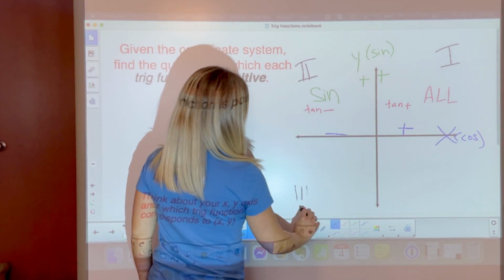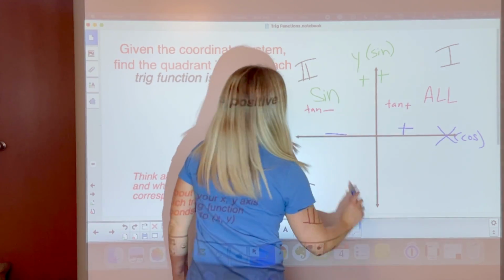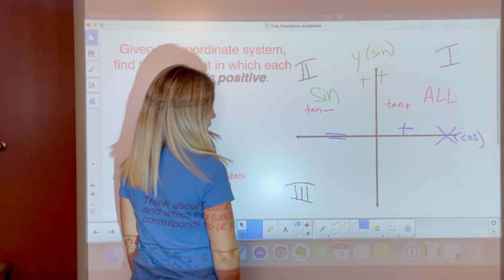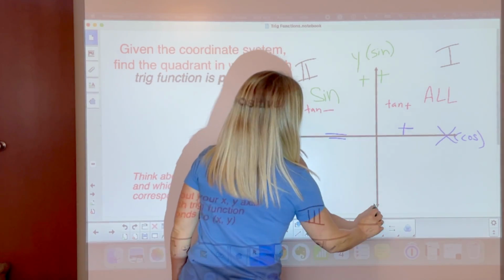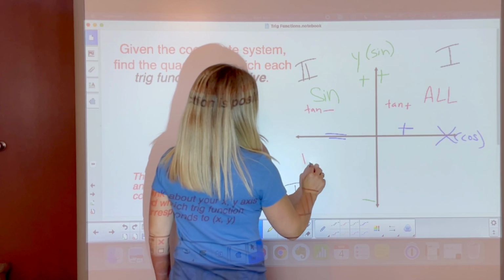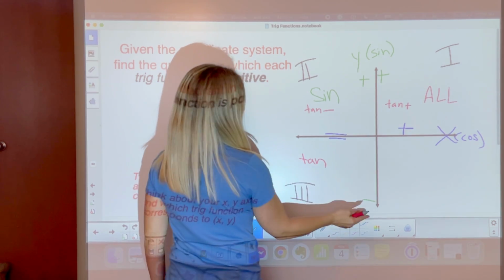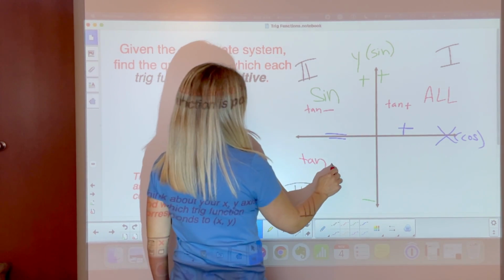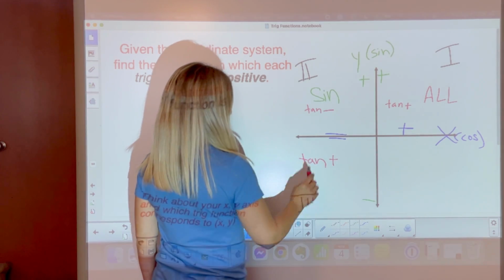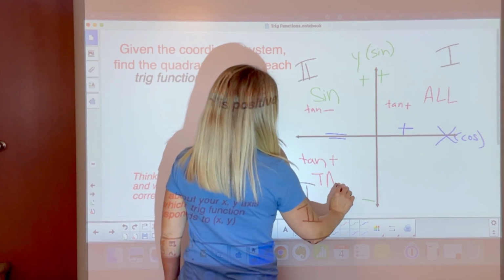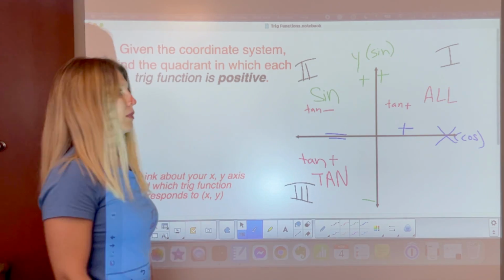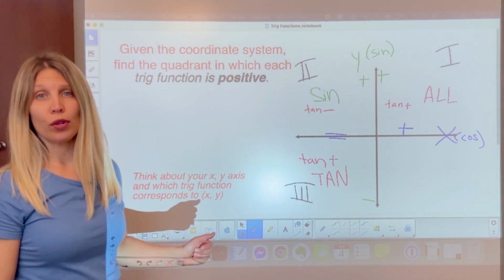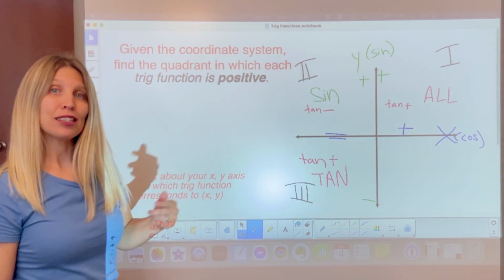Let's look at quadrant 3. In quadrant 3, your x values are negative. Your y values are negative. So now let's look at tangent. Tangent is going to be a negative over a negative, which makes tangent positive. So in this category, tangent is the only trig function in quadrant 3 that will be positive. Let's look at the last one.